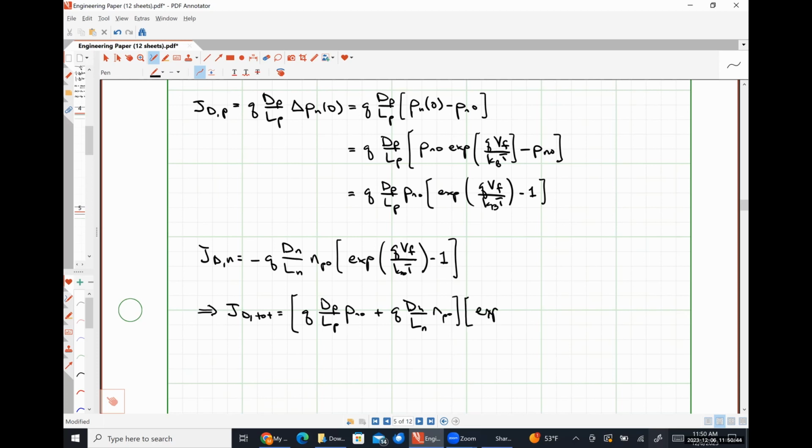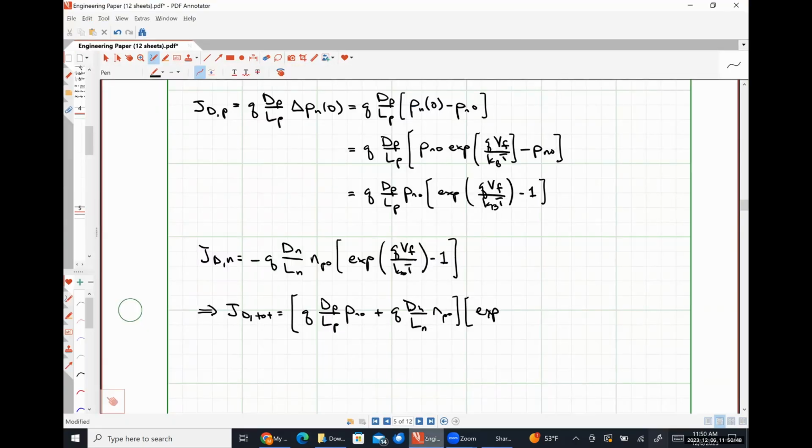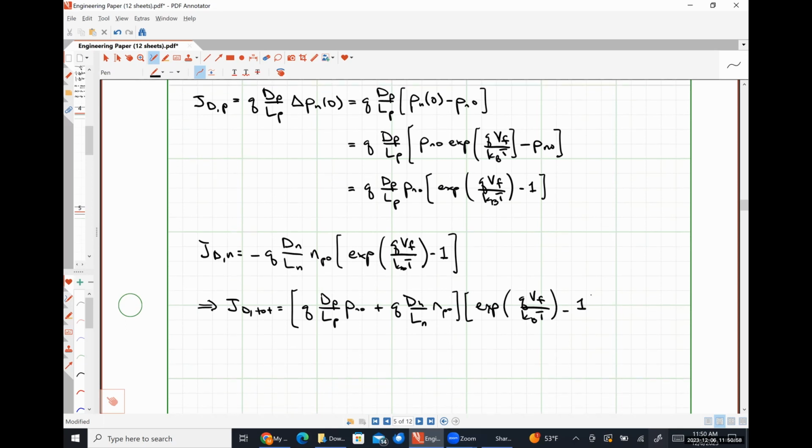Multiplied by the exponential of Q VF over KBT minus 1.